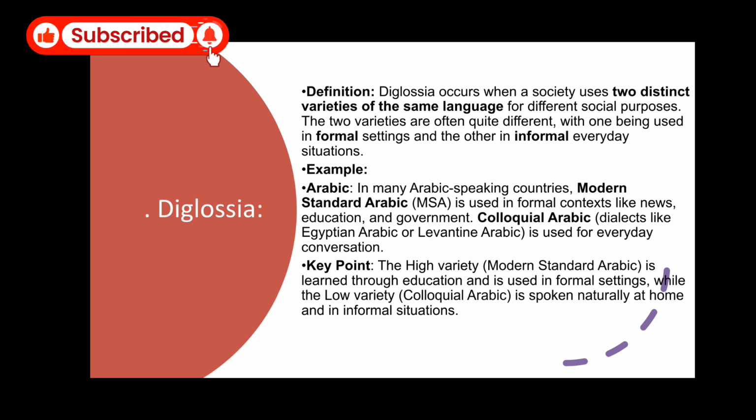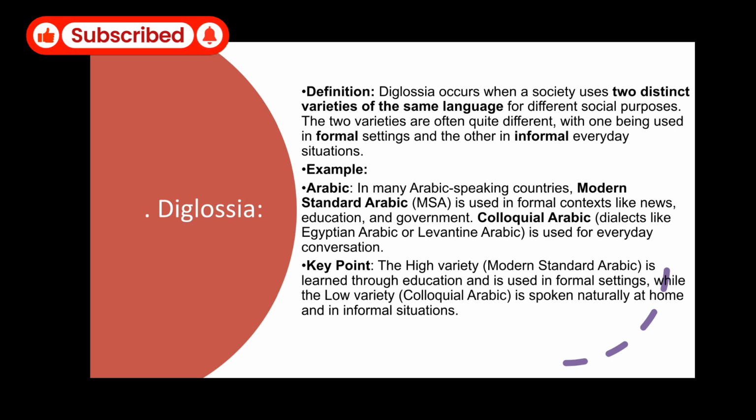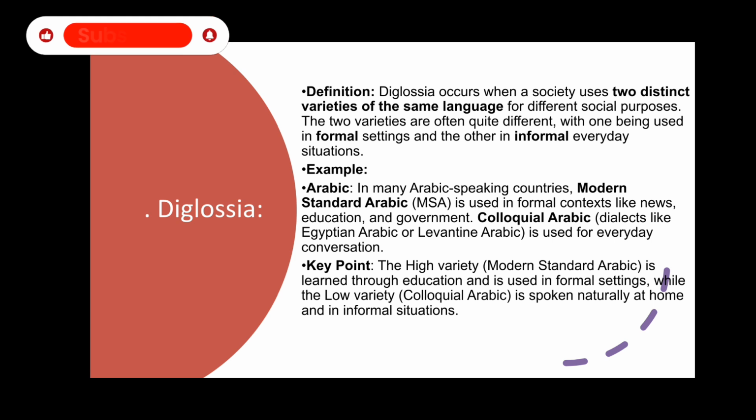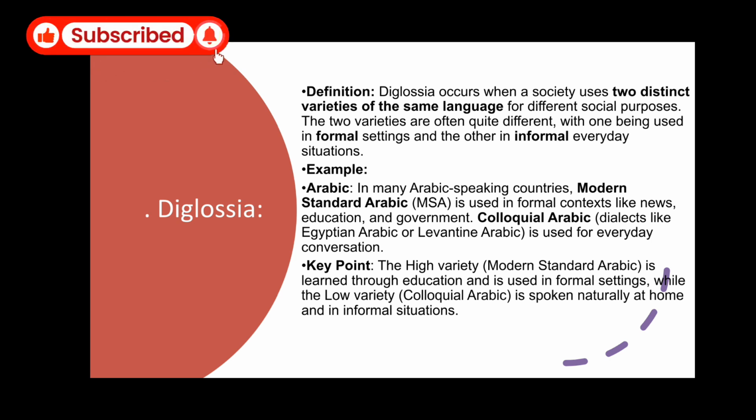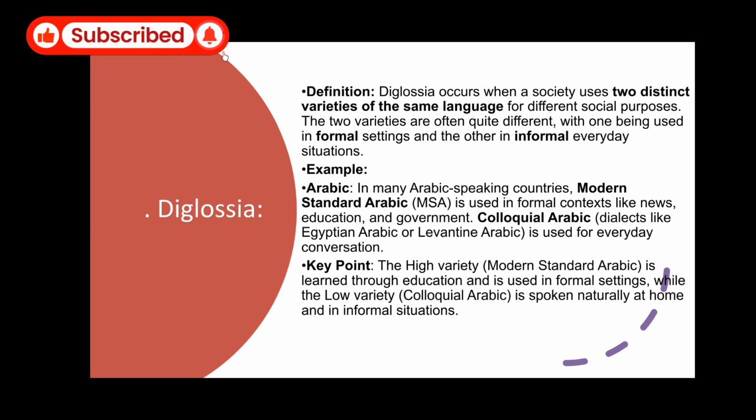The colloquial or low variety of a language is acquired as the first language by the learner at home, while the high variety is learned or acquired at school, college, or university. Right? So far we are discussing diglossia.